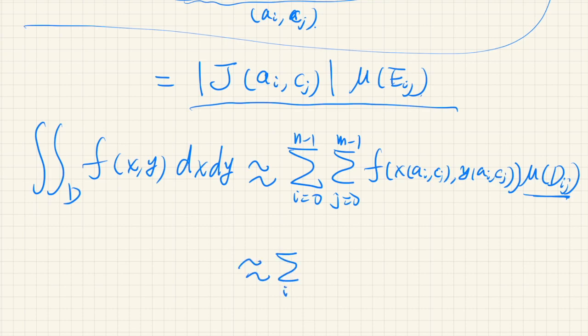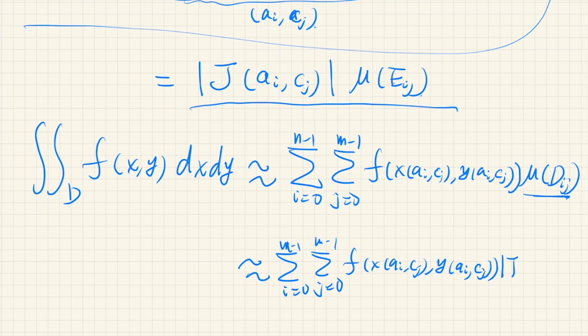So we just replace it: the sum of f at ai, cj and the Jacobian times mu of Eij.